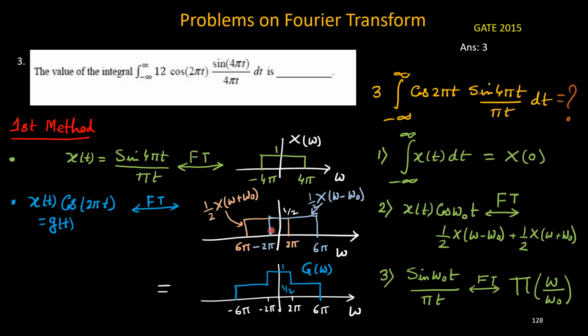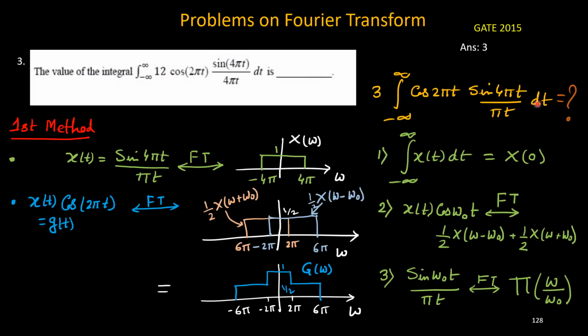So the resulting signal, I'll call it g(t), and its transform is capital G(ω). It will look like this, because here to here it will remain half, but here it becomes half plus half, which is 1. Okay, so I have got this g(t). Remember, I need to compute this integral. This is your x(t), this is your cos(ω₀t), this is your g(t).